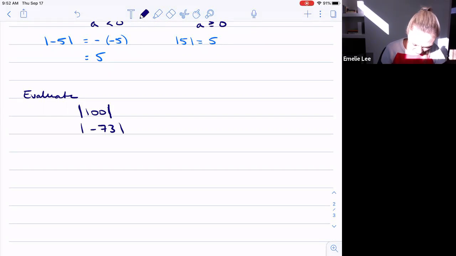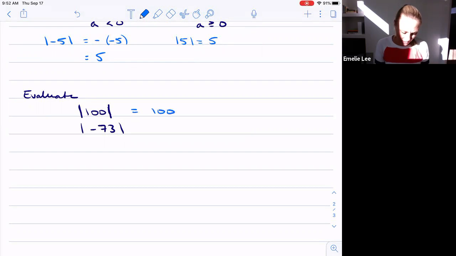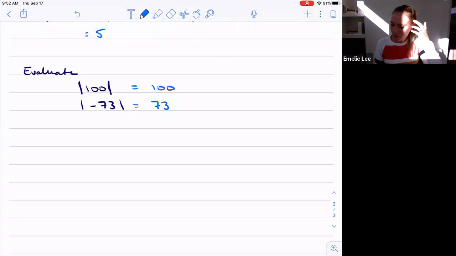The absolute value of 100, well, 100 is positive, so it's just going to be 100. Whereas the absolute value of negative 73 is just going to be 73, because we drop the negative essentially. You don't have to go through and say, oh, I'm going to put a negative on there. You can just say, okay, I need to drop the negative. Good.